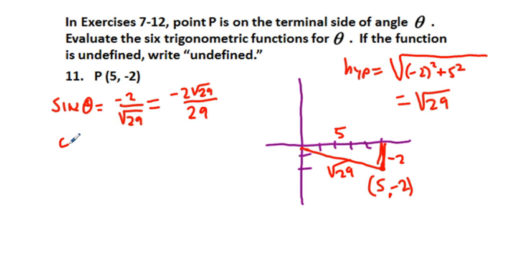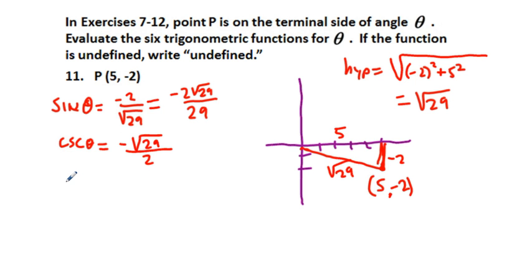For the cosecant, we're going to get the reciprocal of -2 over square root of 29. So we're going to get negative square root of 29 over 2.